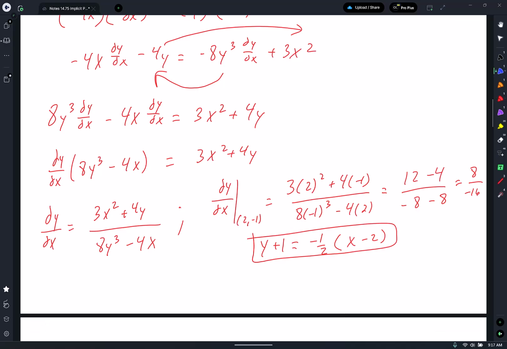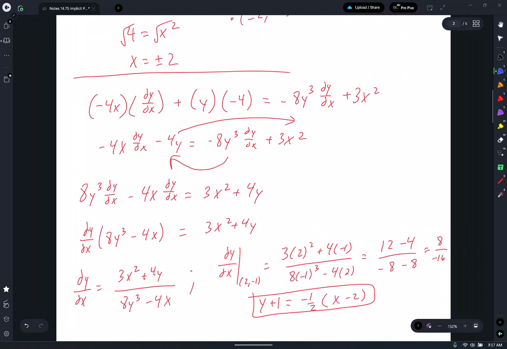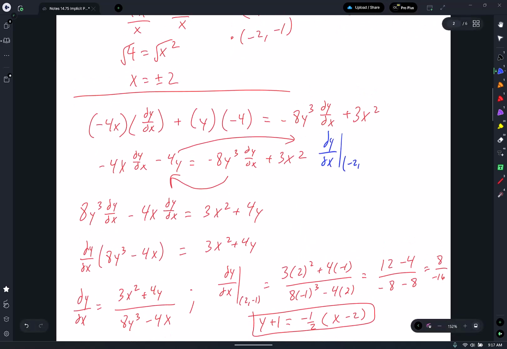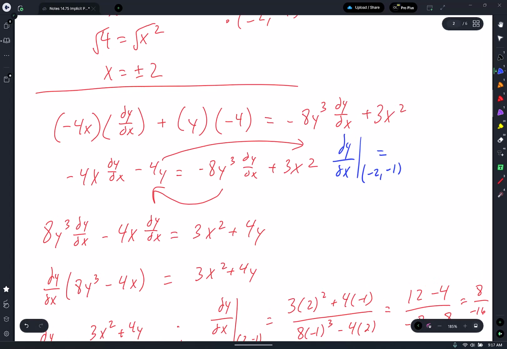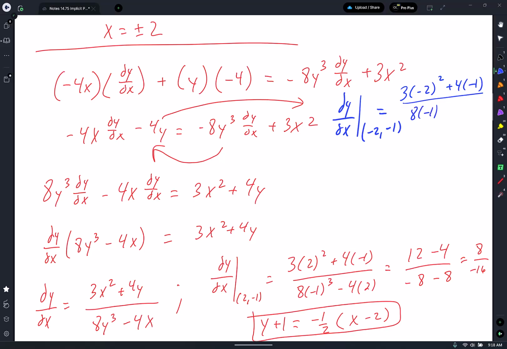I'm going to do the other one in a different color because I'm running out of space. So I'm going to plug it in right here. dy/dx evaluated at (-2, -1) equals, let's see, 3 times negative 2 squared, so that's not going to change there, plus 4 times negative 1, over 8 times negative 1 to the third minus 4 times negative 2.